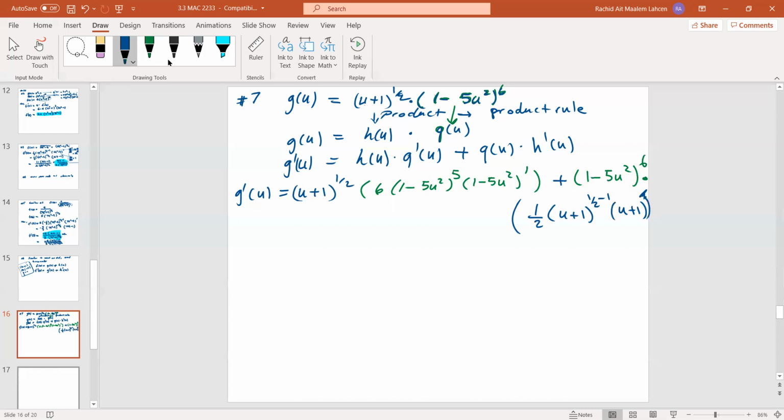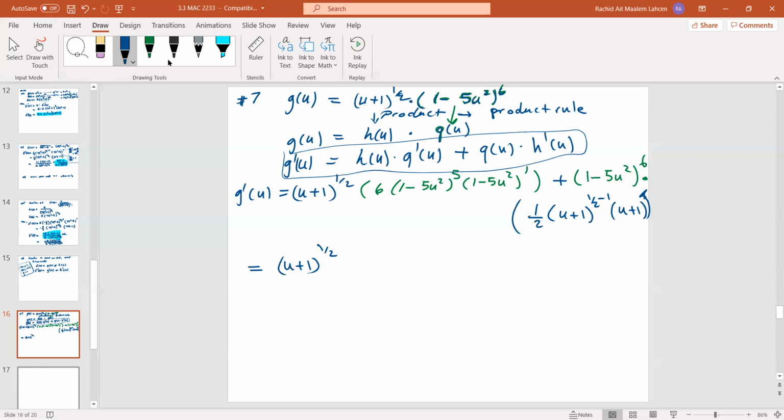Let's continue. The way this question is given to you is you do these derivatives first separately. Then when you set up this formula, you start substituting your answers for these derivatives, and you'll get what I got in this line, right?